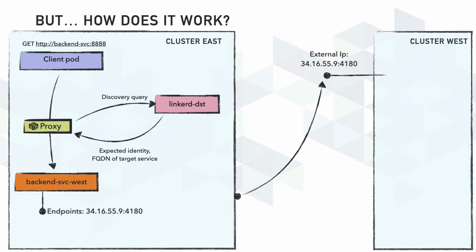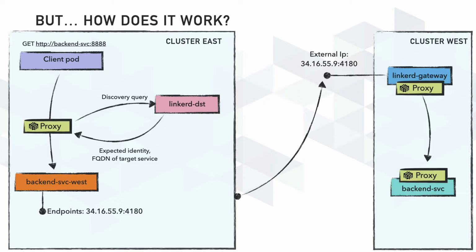So once it hits this IP on this port, this request is intercepted by the proxy, and this gateway will route it to the correct backend service.